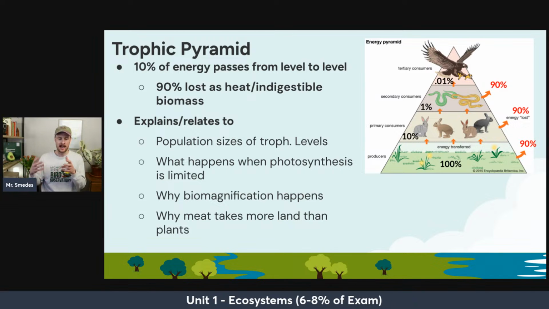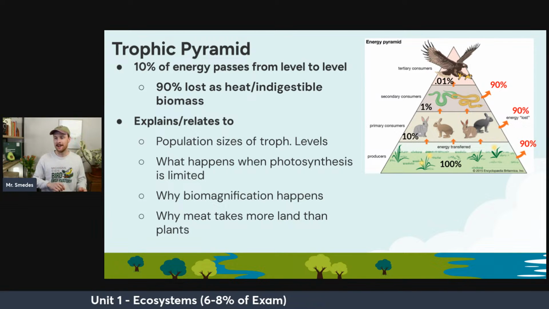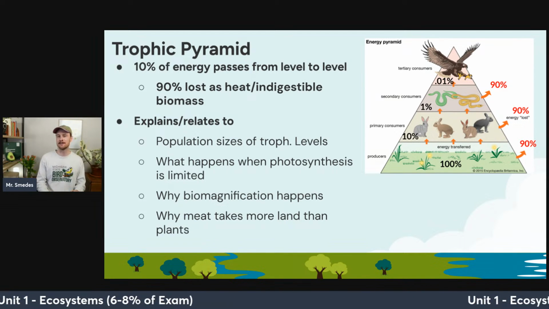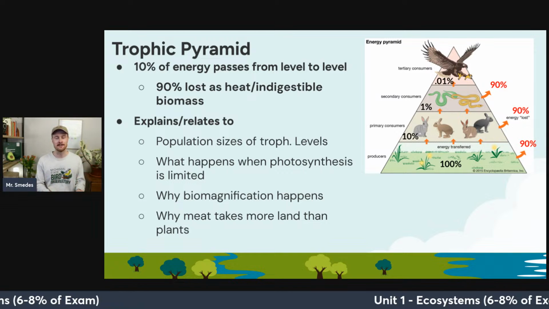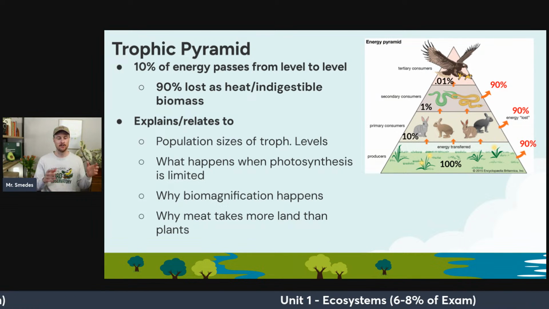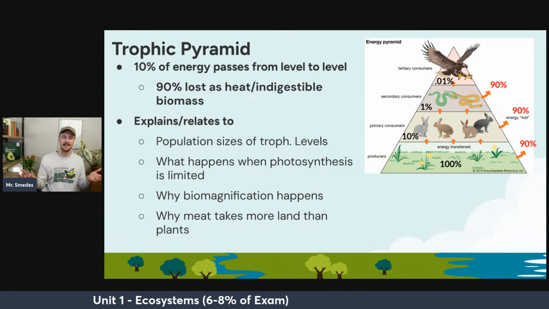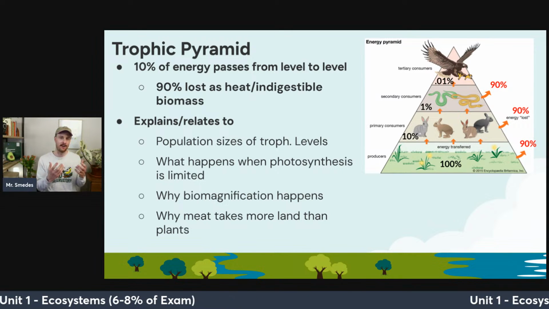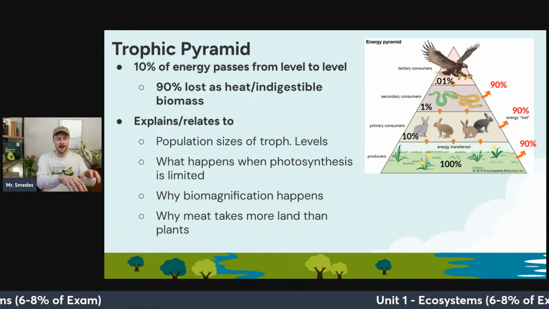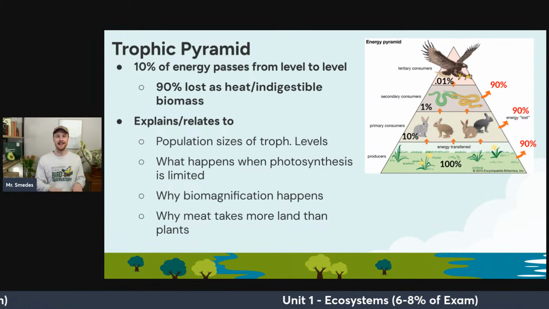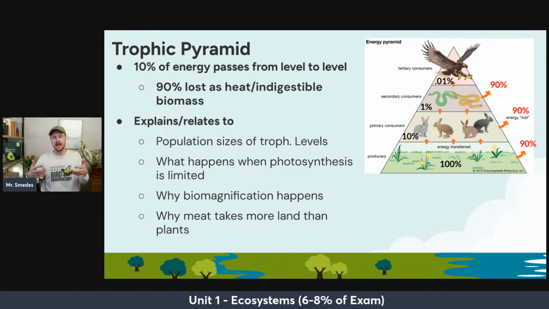So I ate earlier today. I actually had peanut butter puffins and some blueberries. That was my dinner because I was putting the slides together. So if a lion came in here and ate me, that lion's not going to get all of my cereal energy that I ate, because I'm using up some of the energy right now.